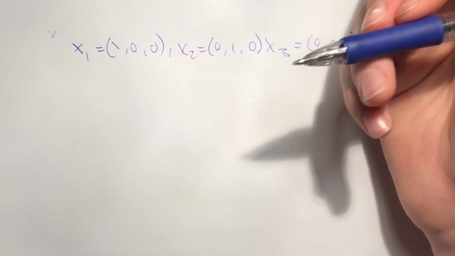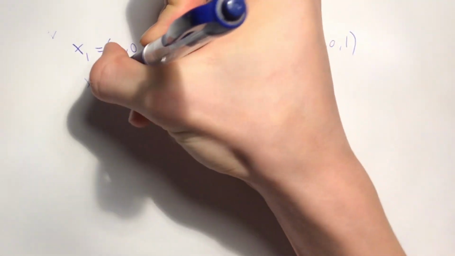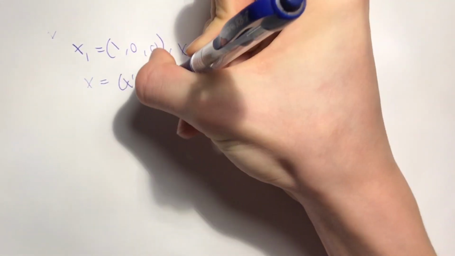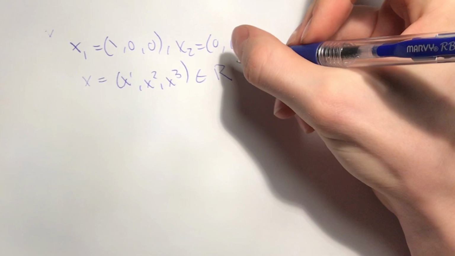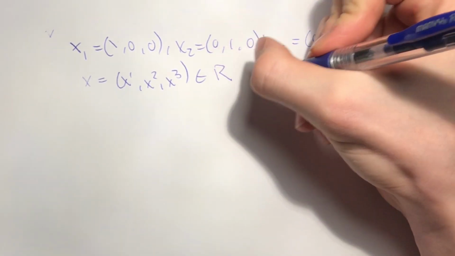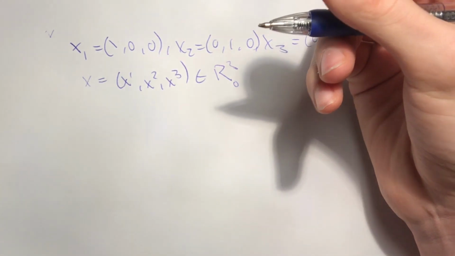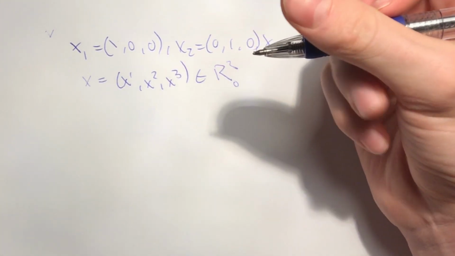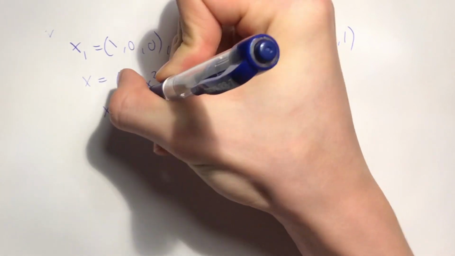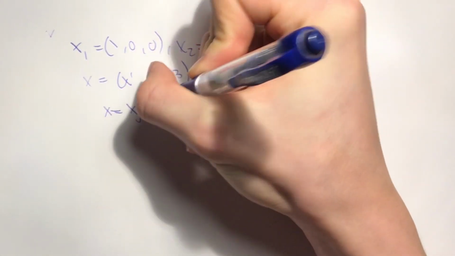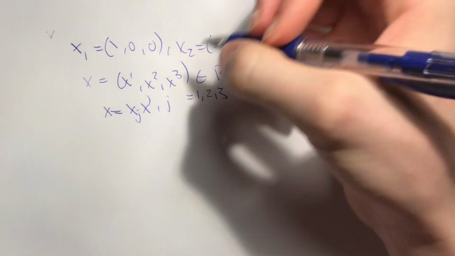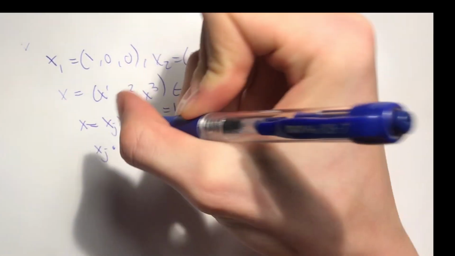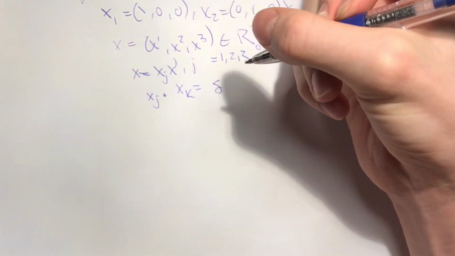And then any element x, where x is equal to x1, x2, x3, an element of the Euclidean space R^3, is expressed as a linear combination of the basis triplets, x equals the sum of xj x̂j, where j equals 1, 2, 3. We can easily verify that x̂j dotted with x̂k equals the Kronecker delta.